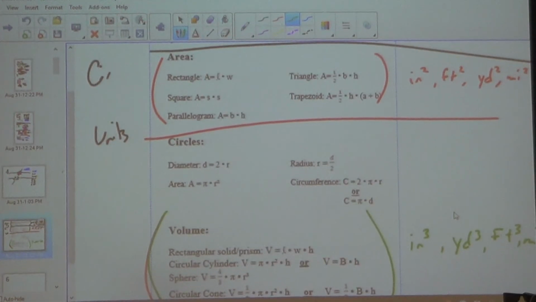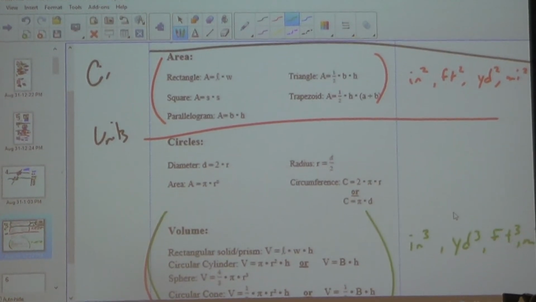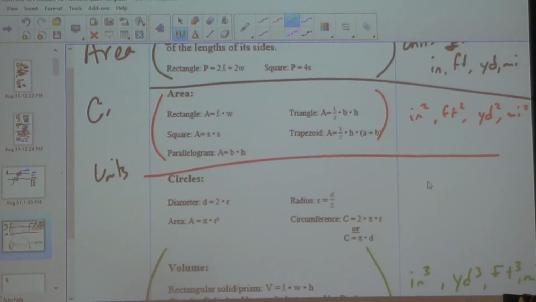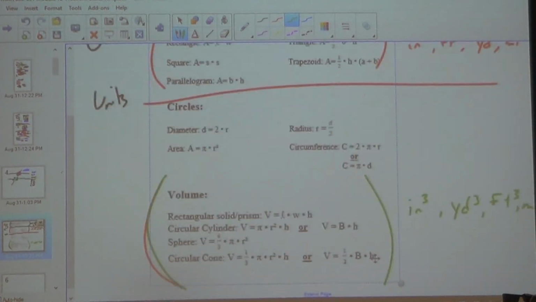That's the distance around something. The fence in your yard, the picture frame, that's the perimeter. The area is the distance inside, like how much grass do you have? That's the area. Volume is how much liquid it holds.